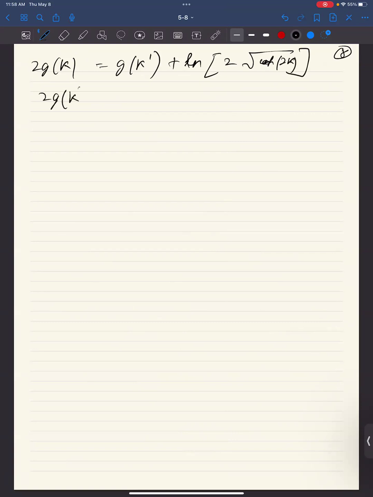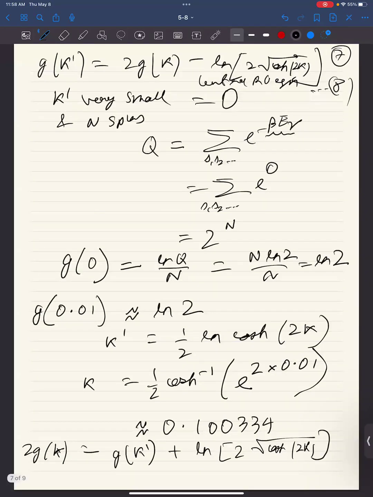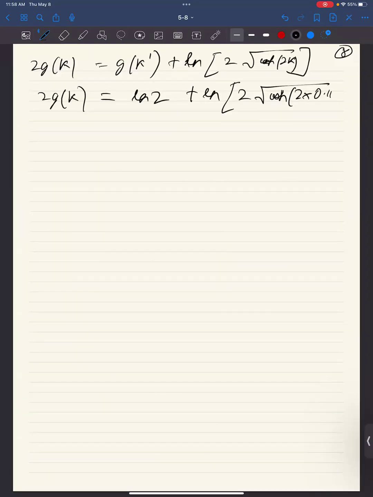So 2g of k is going to be ln 2 plus ln of 2 square root of hyperbolic cos of 2 multiplied by 0. I calculated the value of my k. The k was 0.100334, so now it will be 0.10334. And you get g of k is equal to 0.698147.